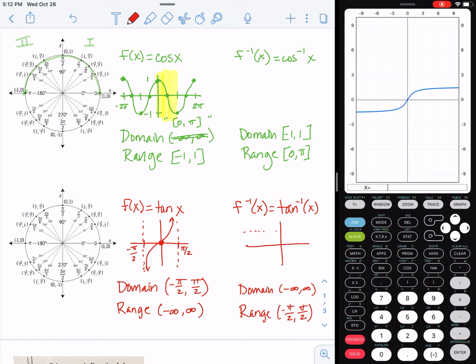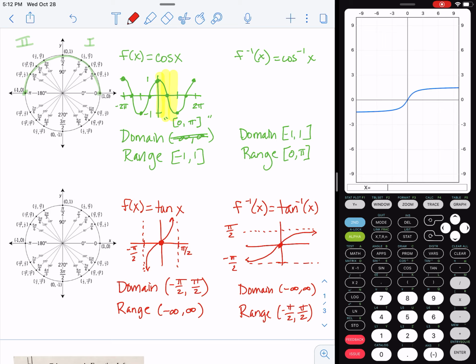So here I would have asymptotes at pi over 2 and negative pi over 2. Right? And the inverse tangent here is going to be an increasing function.